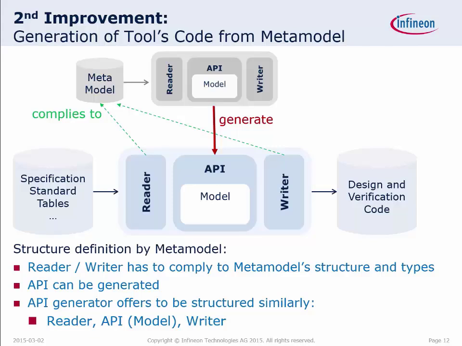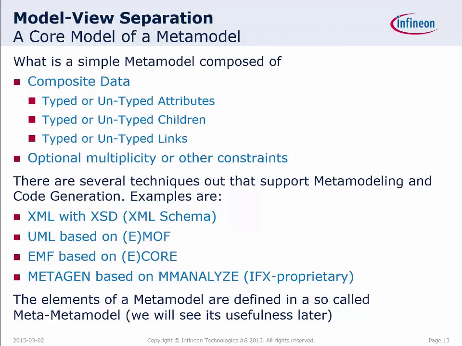So this aspect here is quite important: automation of your tooling. The core model, in our case this one here, is the core model of our framework, of our tooling. Our tooling is called MetaGen. It's proprietary and developed at Infineon.